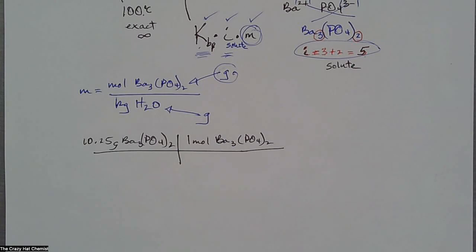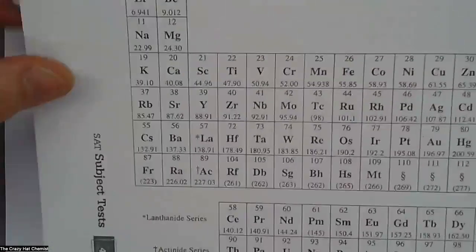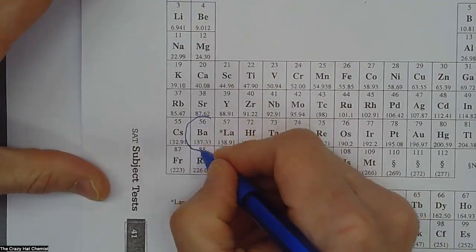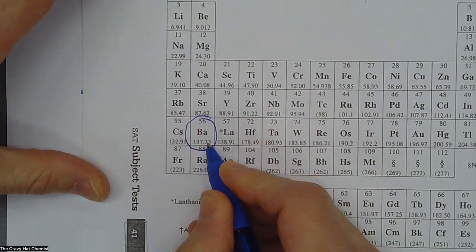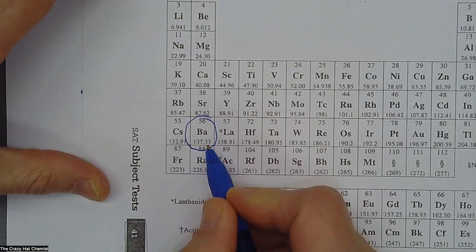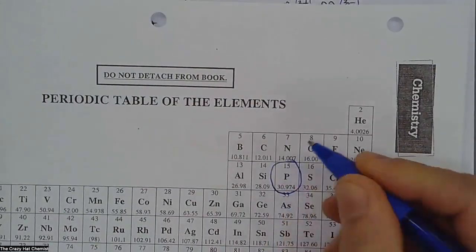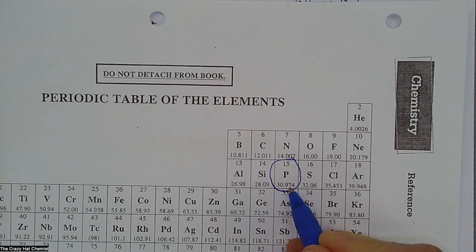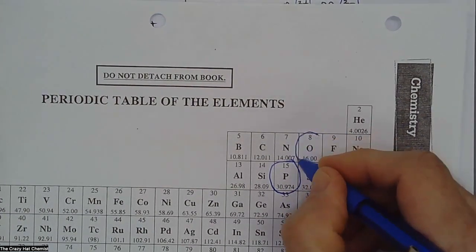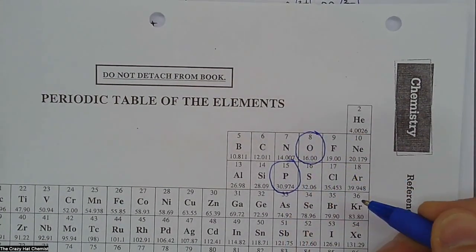All right, so barium, where is barium? Barium is way down here. It has a molar mass of 137.33. Phosphorus is right here, and has a molar mass of 30.974. Oxygen has a molar mass of 16.00.